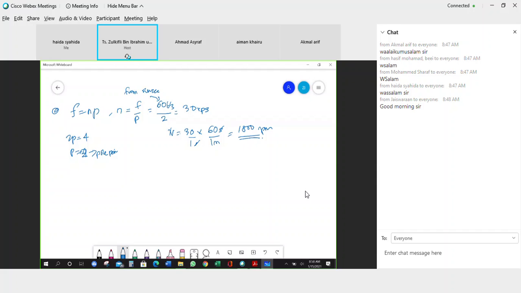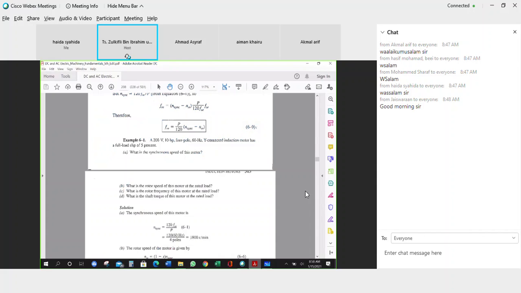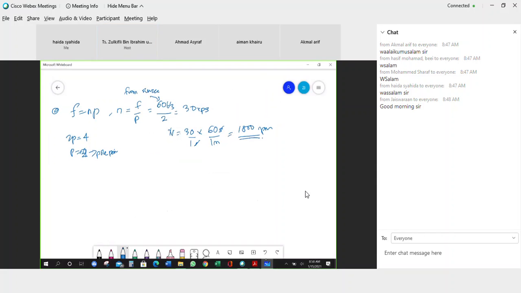And then what is the rotor speed? Now they ask what is the rotor speed of this motor at the rated load. So your rated load is 10 HP. It is given that your machine has a slip of 5%.